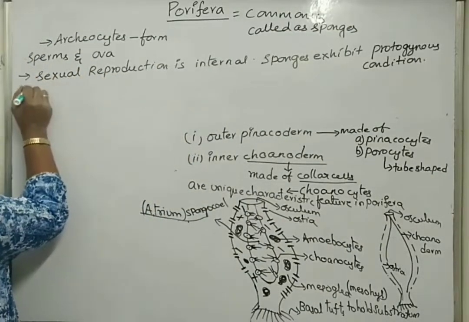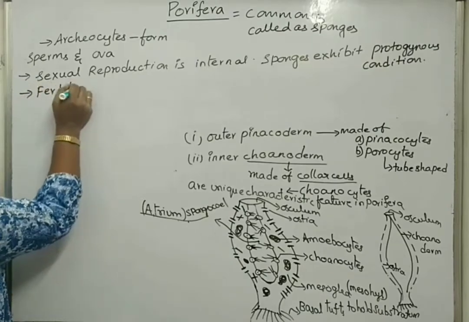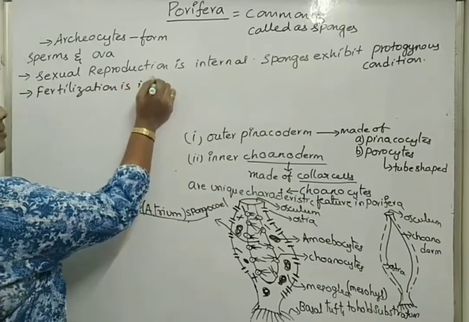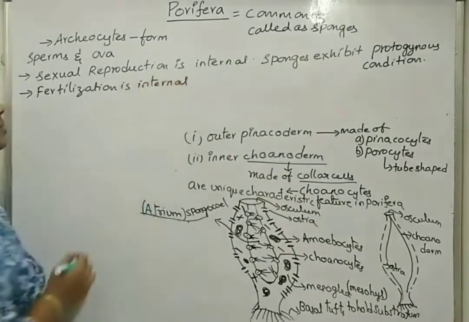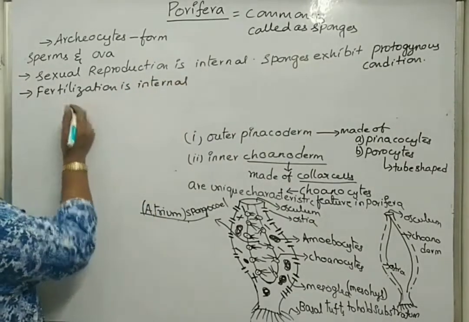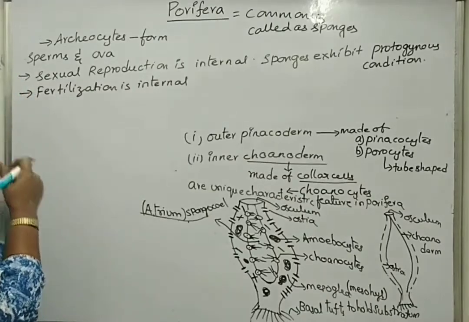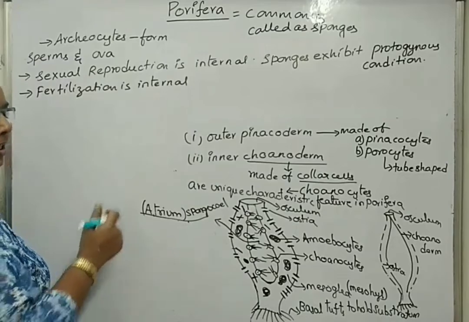Next, fertilization is internal. Means the male and female gametes between two sponges are exchanged so that there will be cross fertilization.